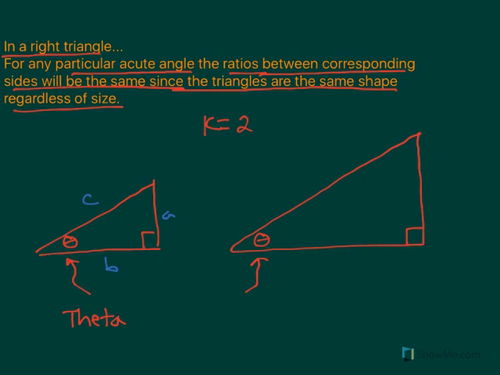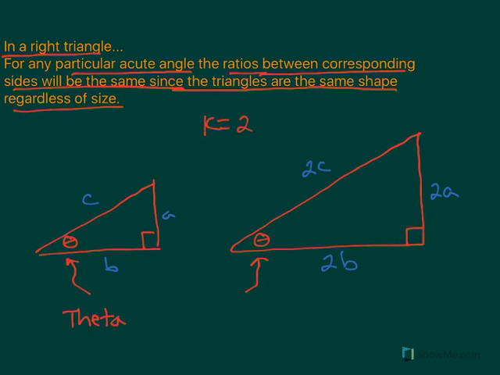And if we label those sides, what was side A is going to be 2 times A. It's going to be twice as big. Side C is going to be twice as big, so it's going to be 2 times whatever the original C was. And side B is going to be 2 times the original side B. So if we start to look at the ratios between the corresponding side lengths, we're going to notice that even though we change the size of the triangle, the ratio is not going to change.